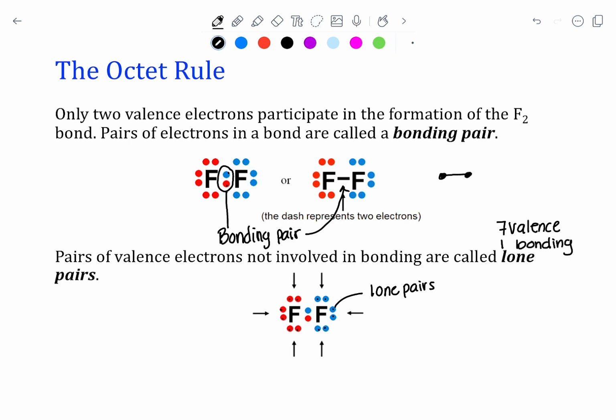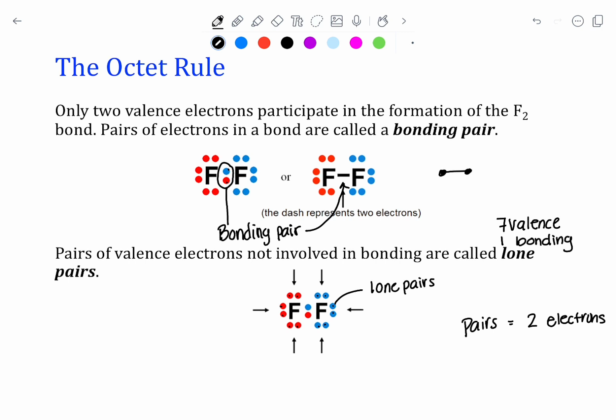And remember, we're talking about pairs, so pairs mean 2 electrons. A bonding pair has 2 electrons, and a lone pair has 2 electrons. The lone pairs are just the valence electrons that are not participating in the bonding of that molecule.